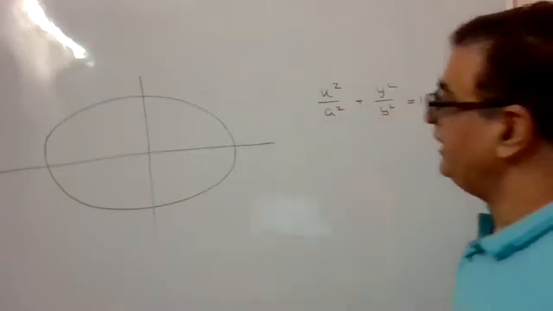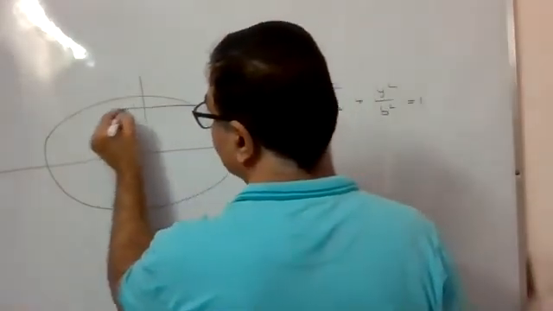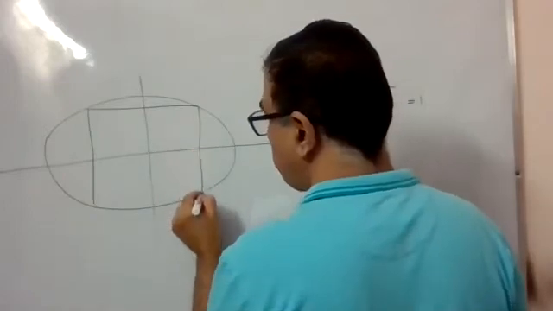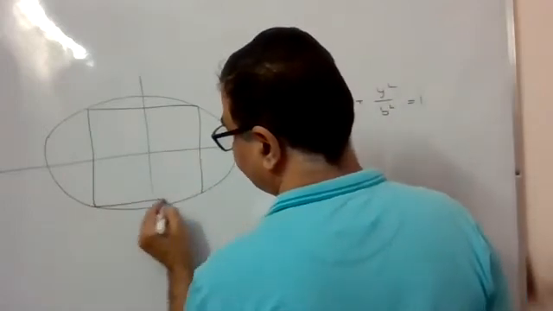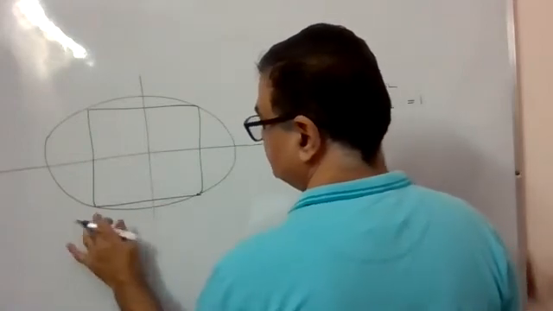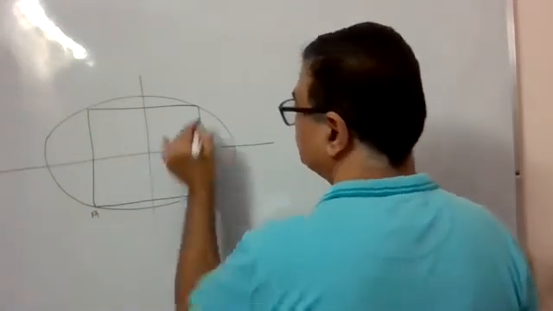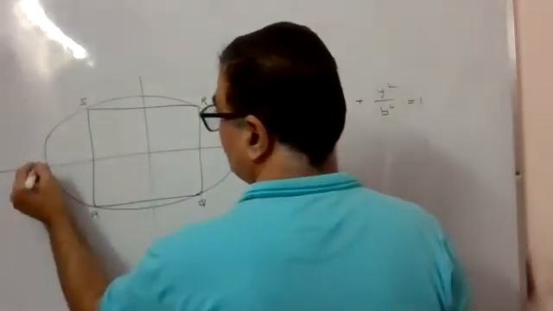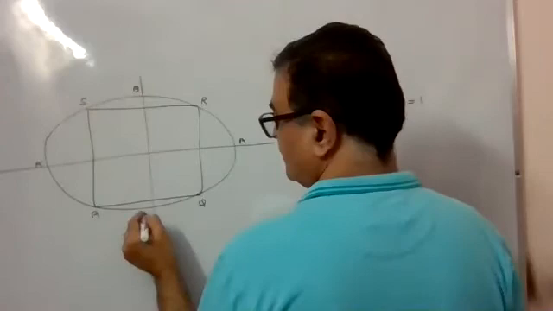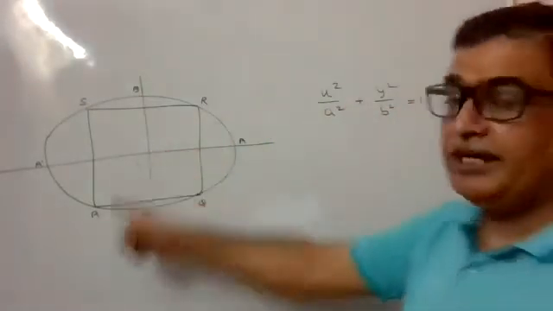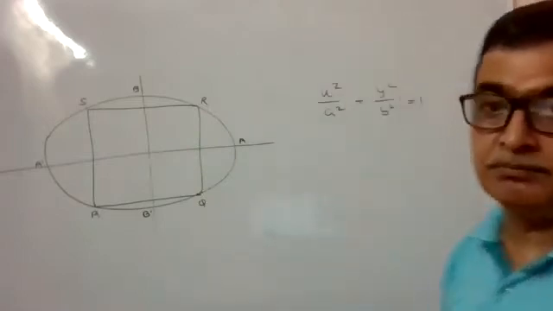This is the ellipse, and in that one rectangle is inscribed, and we want the area of this rectangle to be maximum.